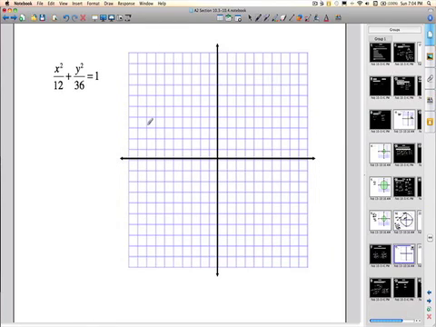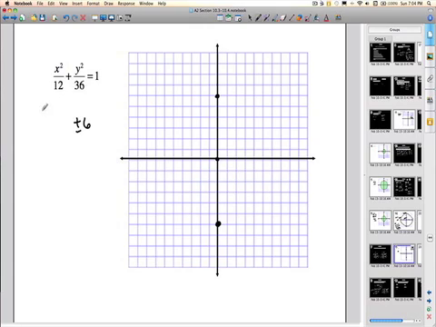Okay, taking a look at the other problem that we had. Now you see the vertices in this case are going to be graphed on the y-axis. So I'm going to have plus and minus 6 on the y-axis, going up 6: 1, 2, 3, 4, 5, 6, and 1, 2, 3, 4, 5, 6 down.